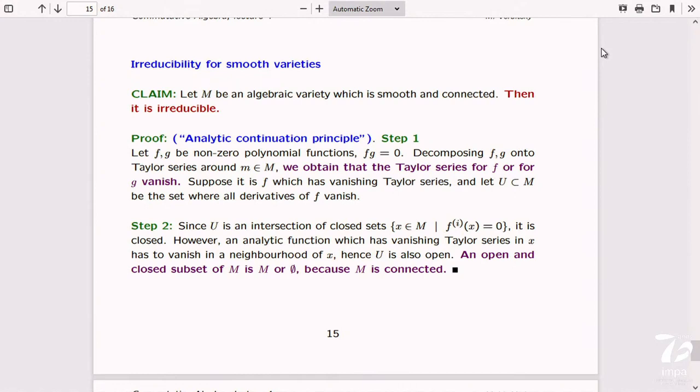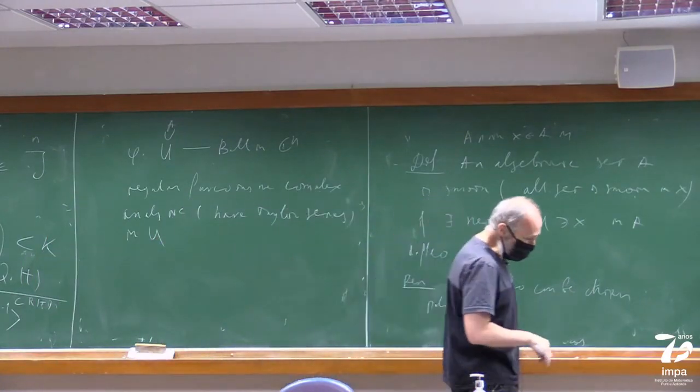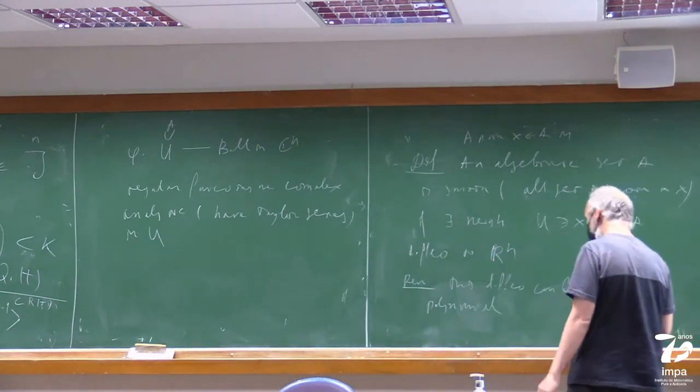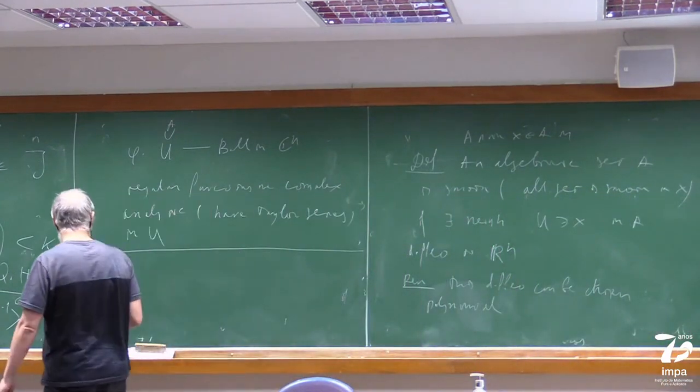However, what is good is that irreducibility would follow for free from smoothness. So this is one more reason to restrict yourself to irreducible subvarieties, because smooth things are irreducible.